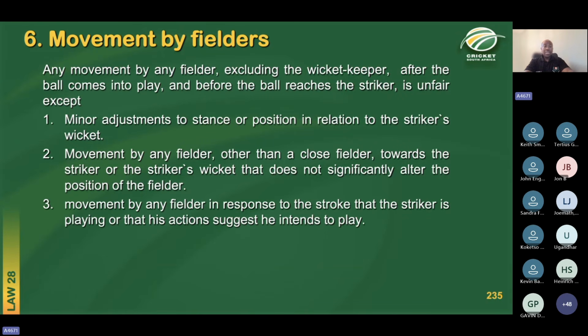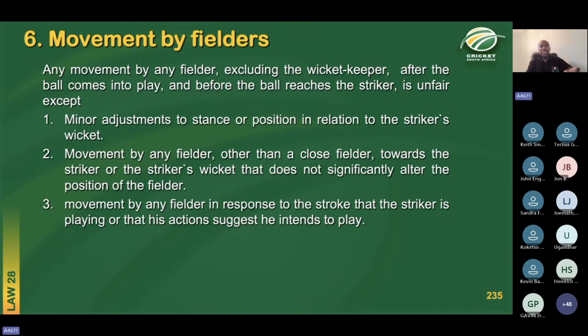What else is allowed? Movement by any fielder in response to the stroke that the striker is playing or that his actions suggest that he intends to play. We saw in a previous slide that Abdullah presented earlier when Temba Bavuma was shaping to play the lap sweep. The wicketkeeper moved down leg, anticipating a catch, and he did take a great catch.